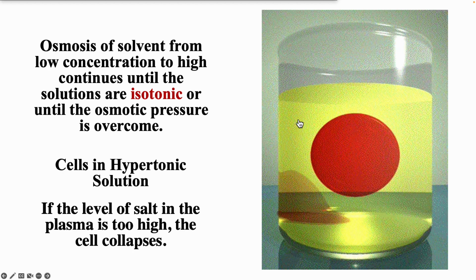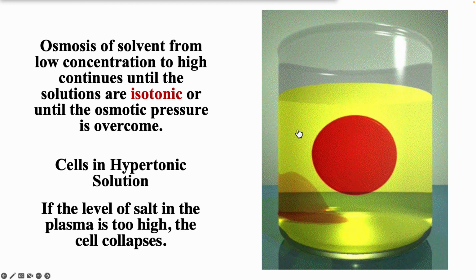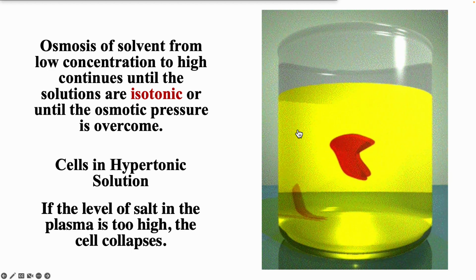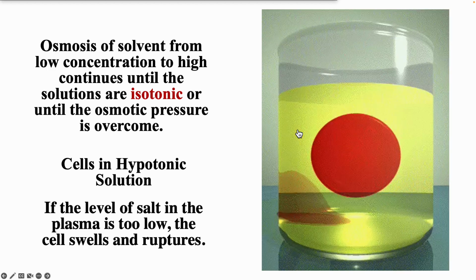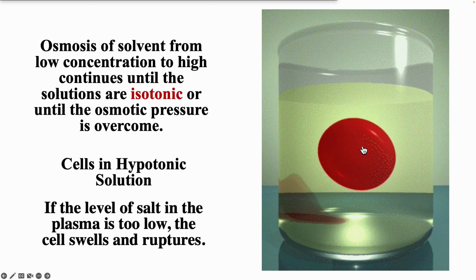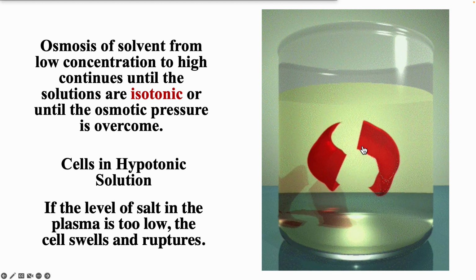I mean, you always have both directions, but if the salt solution outside is too high, you have a net flow out of the cell, and the cell will actually collapse. If you have a hypotonic solution, means your concentration of salt inside the cell is higher, and so you'll have a net inflow of the solvent into the cell, and the cell kind of explodes or ruptures.